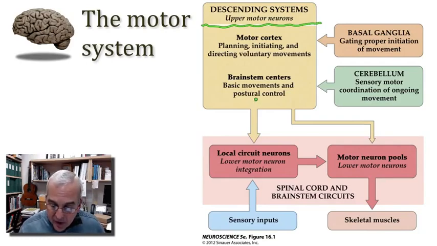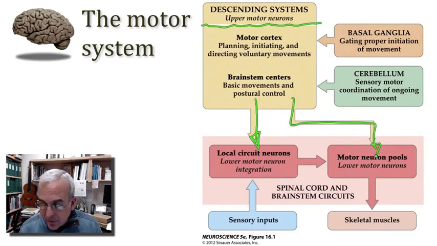Rather, they provide descending input that governs the way the local circuits work to organize the outflow of the lower motor neurons. And in some very special instances, there may be direct projections from upper motor neurons to the alpha motor neurons that actually do supply innervation to skeletal muscle.